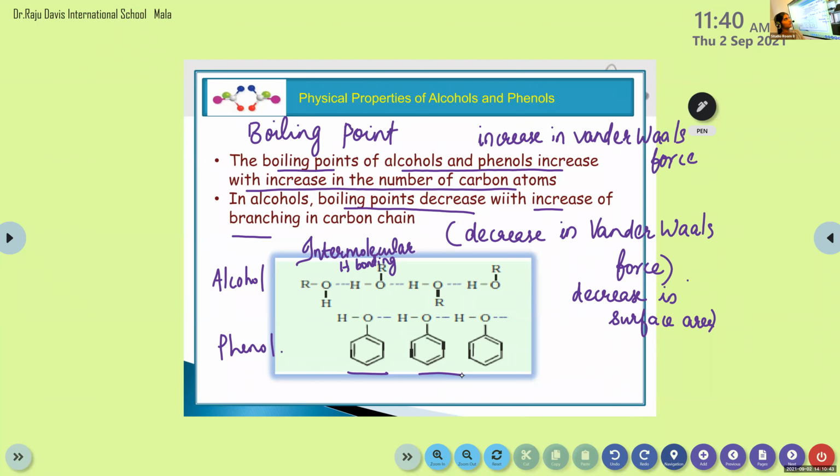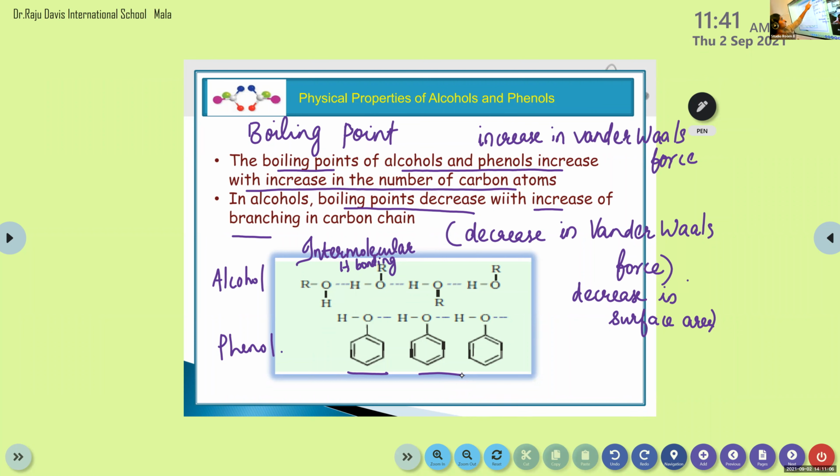So can you tell me, children, does this intermolecular hydrogen bonding have any effect on the boiling point of alcohols and phenols? Yes or no? What's your opinion?